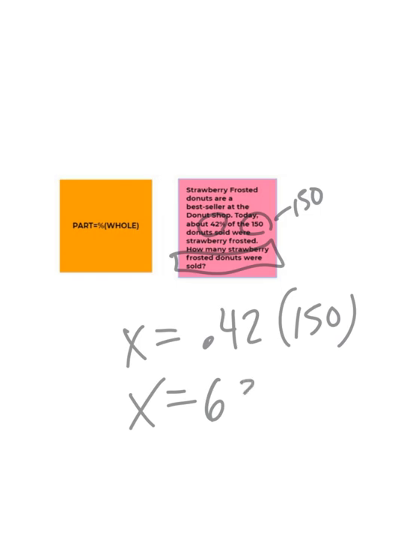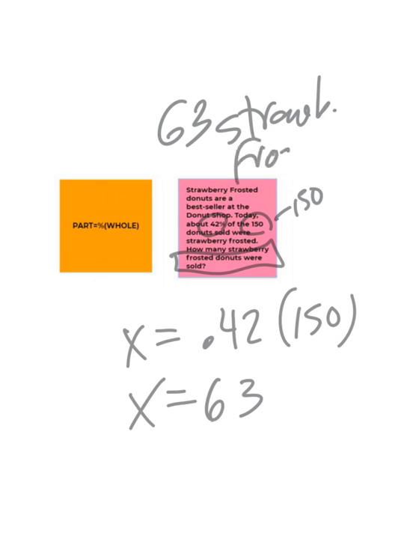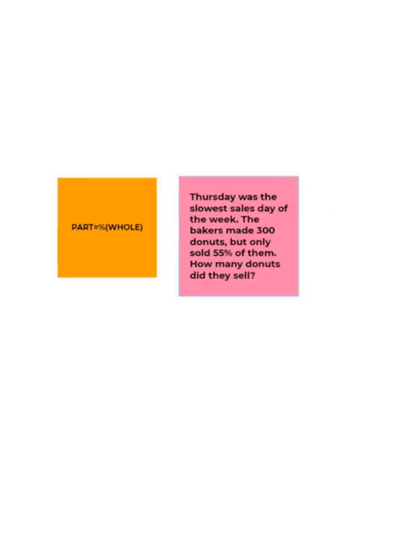So x is equal to 0.42 times 150. Put that into my calculator: times 150 equals 63 strawberry frosted. And always maintain your unit for your answer.